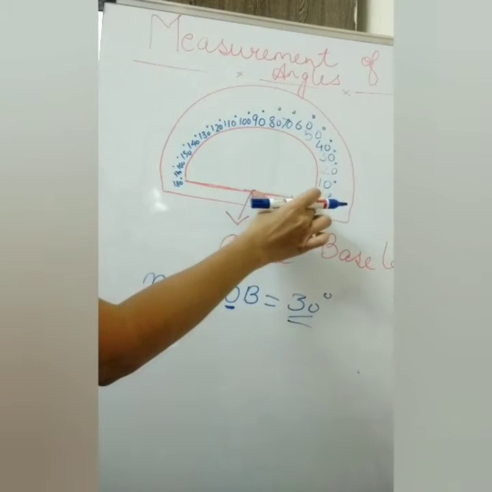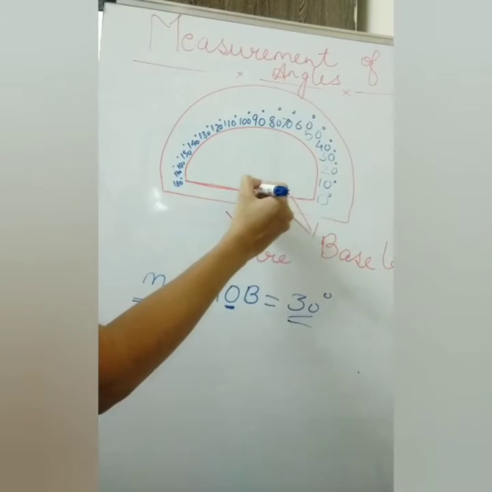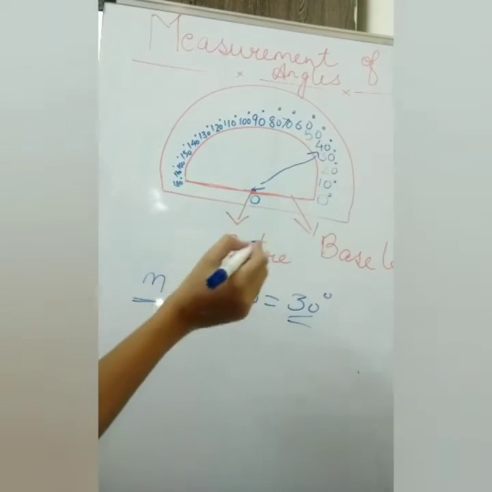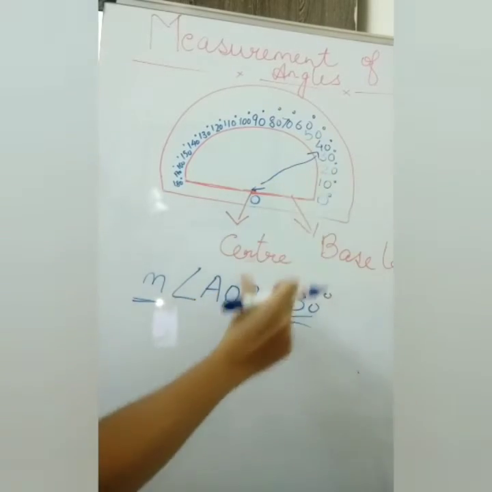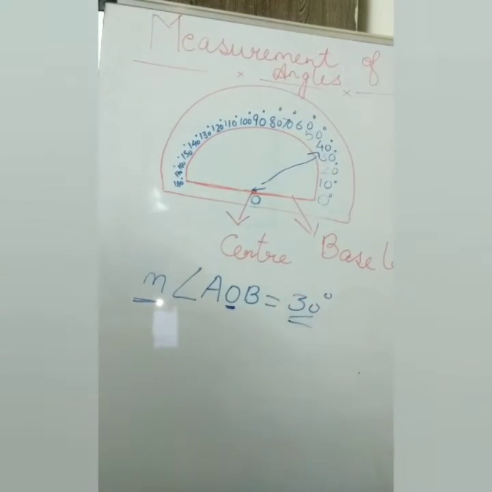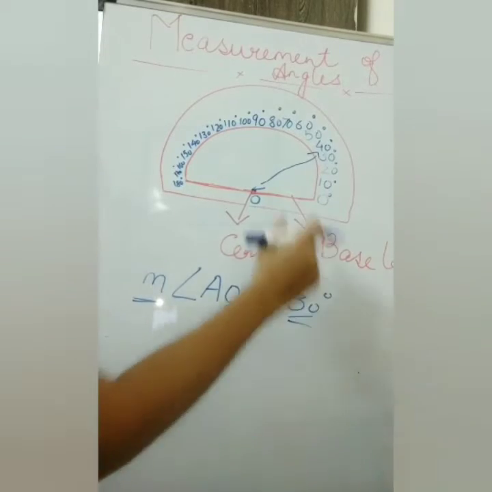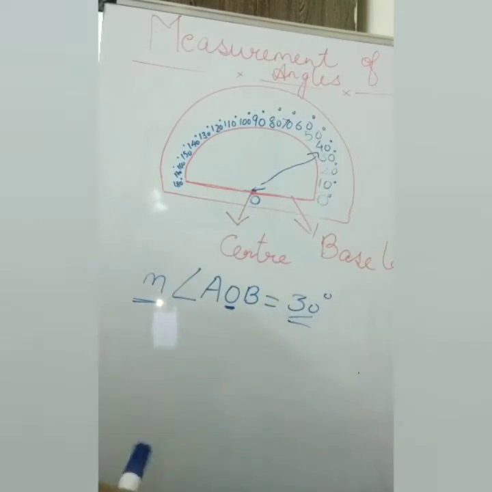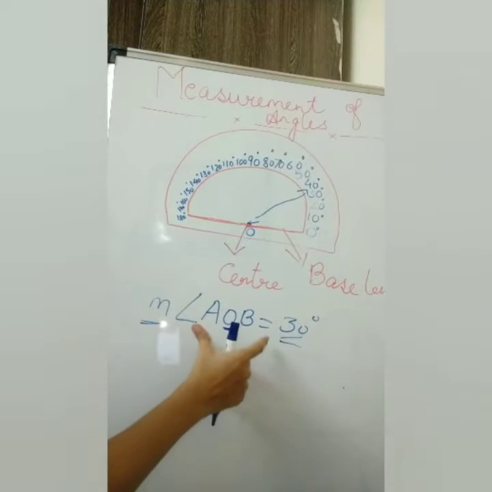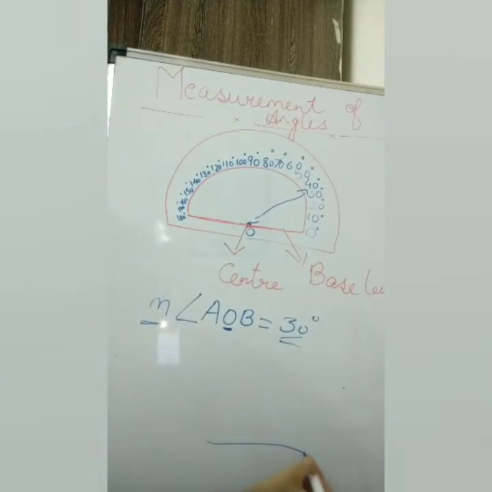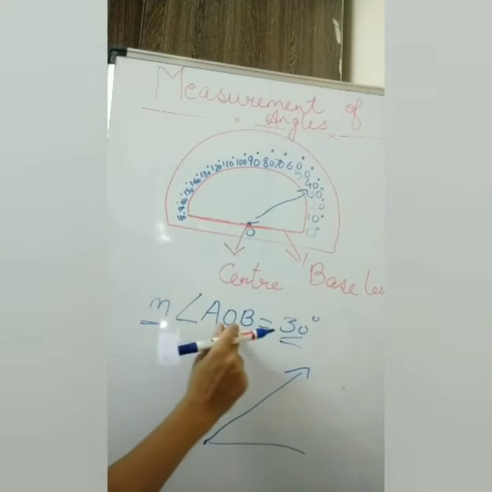So we will put the protractor over here, measure it, and draw like this. So angle AOC we will measure. How will we draw angle AOB? This side, this is the center dot, it will go like this, AOB.